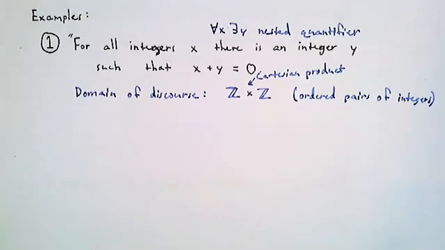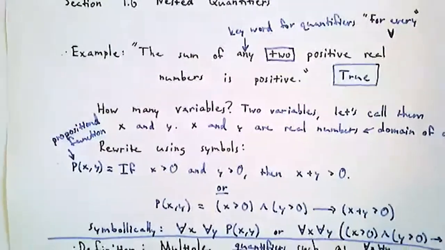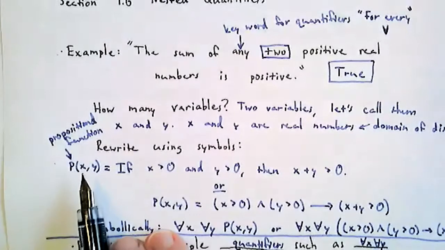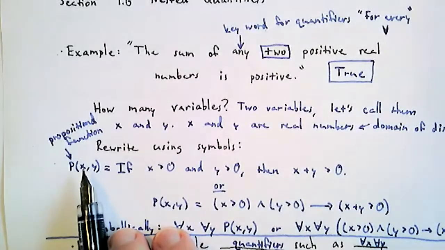Because we're plugging in two things. And this idea of using ordered pairs comes from the functional notation that we're using. Because we're plugging in two numbers into our function, we're plugging in, well, actually an ordered pair, x and y.